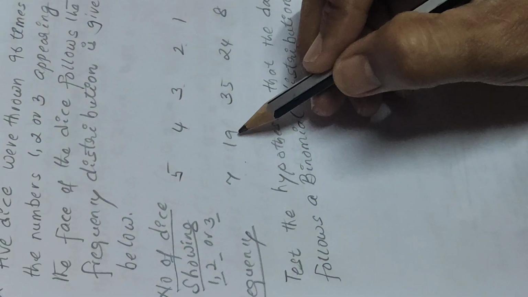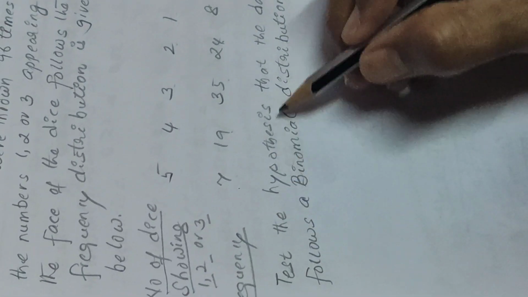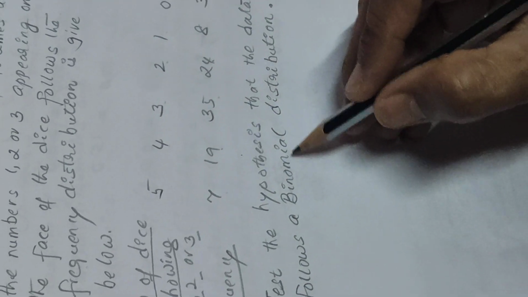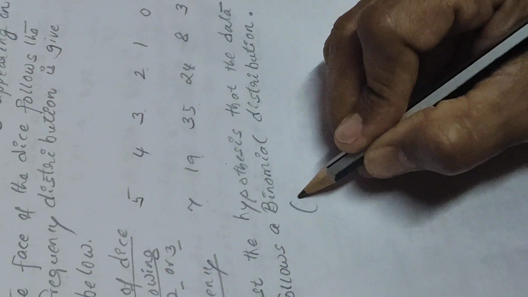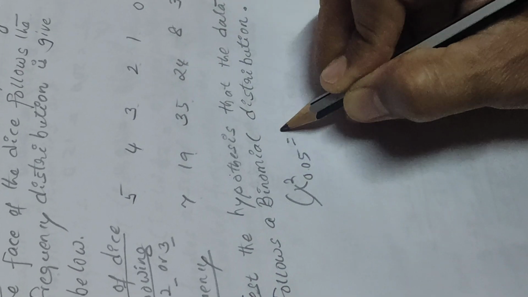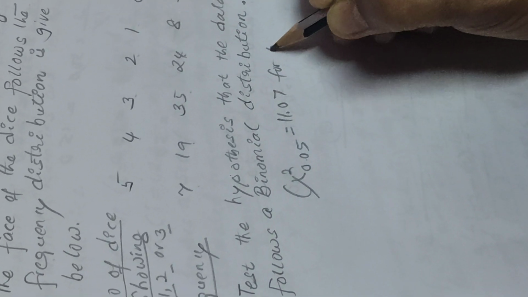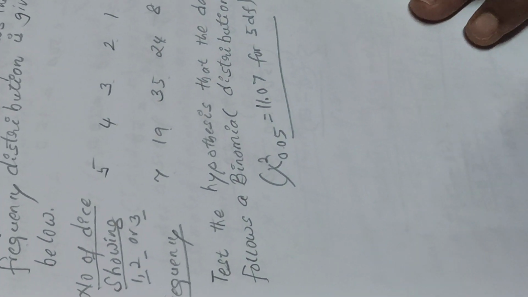Frequency: 7, 19, 35, 24, 8, 3. Test the hypothesis that the data follows a binomial distribution. Chisquare at 0.05 is equal to 11.07 for 5 df, which is from the table. So now we'll solve this example.